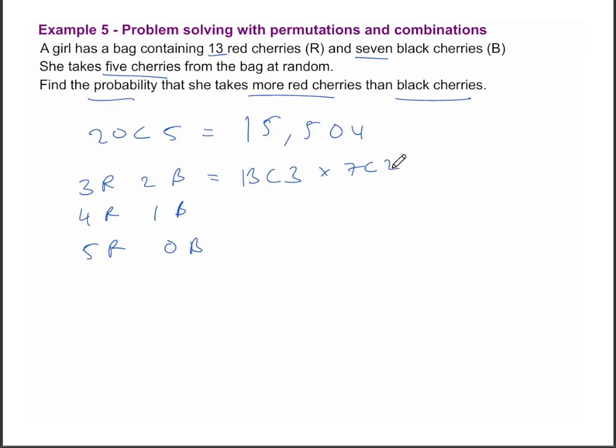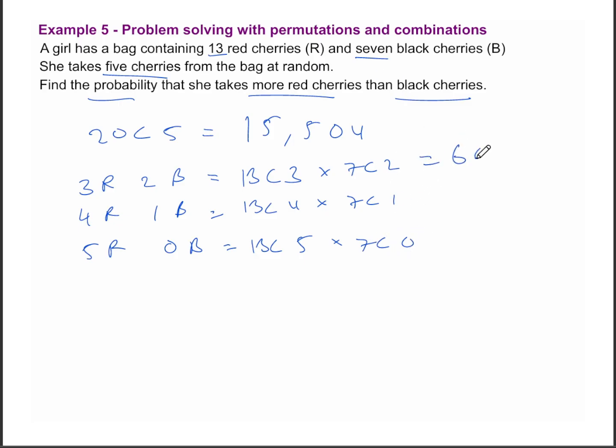So 2 black cherries chosen from a total of 7 black cherries. For the other scenario, we have 13C4, because 4 from the possible 13, multiplied by 7C1, because 1 from the possible 7 black cherries that are there. And finally, we have 13C5 multiplied by 7C0. 5 cherries from a total possible 13 and 0 black from a total possible of 7.